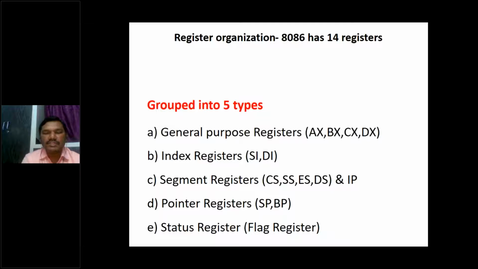It is related to CS, that's why I'm listing it here, but it is actually not a segment register. Only these four are segment registers: S stands for segment, C for code, S for stack, E for extra, and D for data. Pointer registers are SP and BP, and the status register is also called the flag register. These are the different registers available in the 8086 microprocessor.